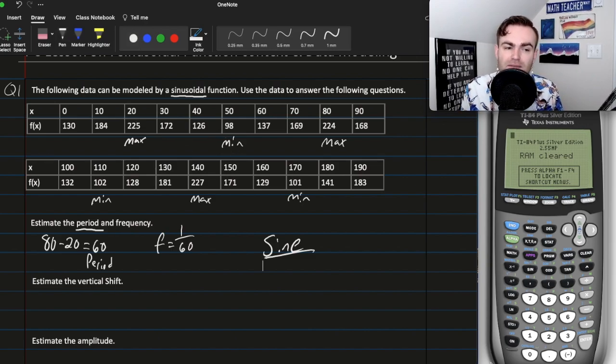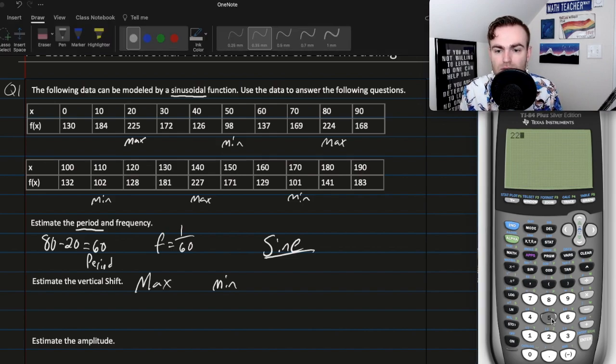But if you want something a little bit nicer, something not as mean, let's find the average of the maximums and the average of the minimums and use that instead. Our maximums are 225, 224, and 227.